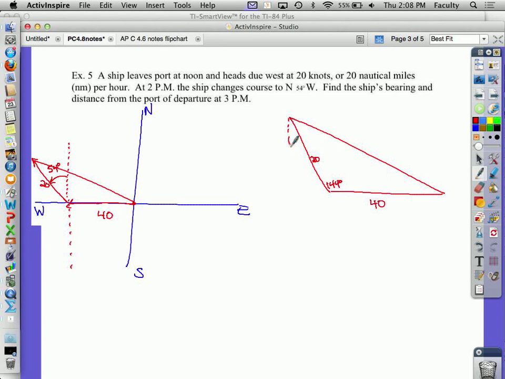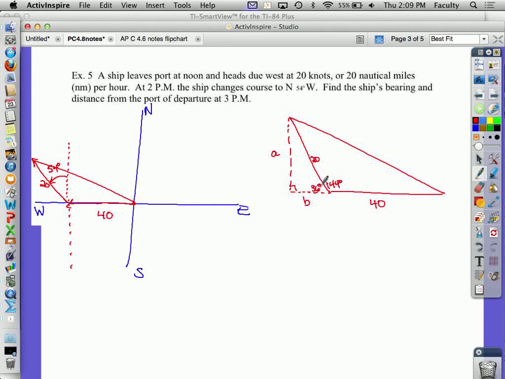But then what I want to do is drop a perpendicular here. Because if I can create a right triangle, I can end up finding the hypotenuse here. Now, you can't do Pythagorean theorem on triangles that aren't right triangles. So let's call this height A and this one B. What would this angle be down here? 36 degrees.